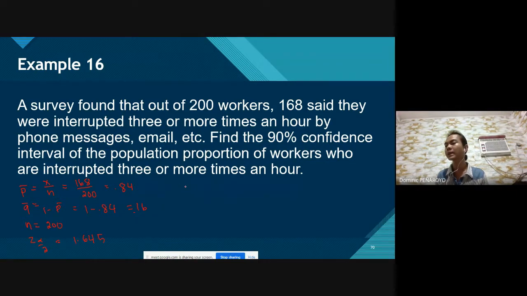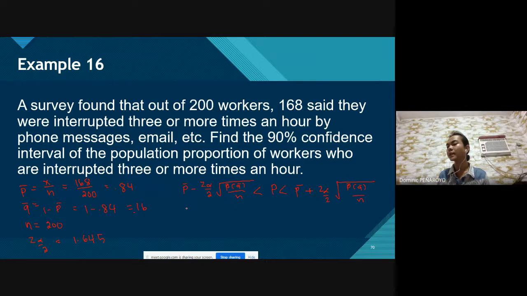So yung formula natin, we have P-bar minus Z alpha over 2 times the square root of P-bar times Q-bar over N. Since it's still estimation, P-bar plus Z alpha over 2 times the square root of P-bar times Q-bar over N. Okay, so ito yung formula natin.